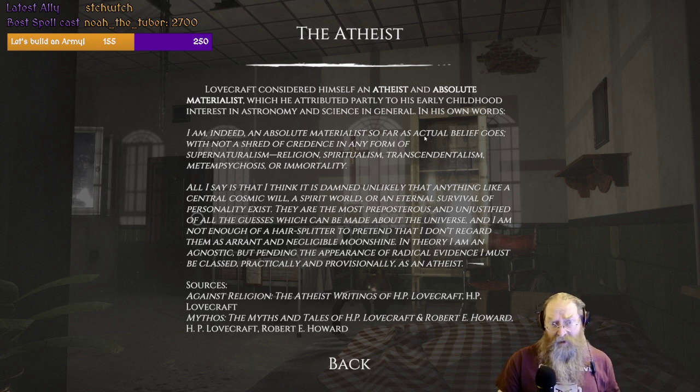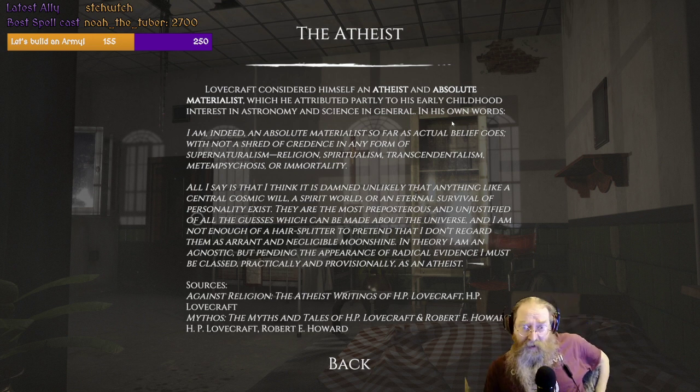Lovecraft considered himself an atheist and absolute materialist, which he attributed partly to his early childhood interest in astronomy and science in general. In his own words, "I am indeed an absolute materialist so far as actual belief goes, with not a shred of credence in any form of supernaturalism, religion, spiritualism, transcendentalism, metempsychosis, or immortality.